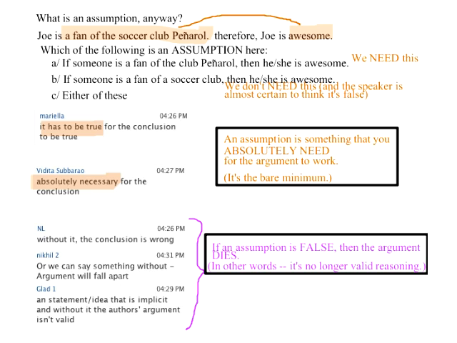So if you have answer choices that are supposed to be assumptions, then this actually becomes an actionable plan. So you can make the choices false, and you can see which choice destroys the argument.